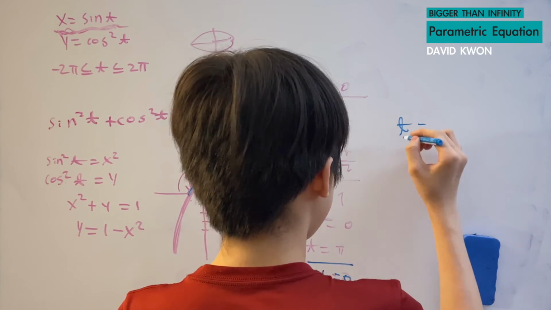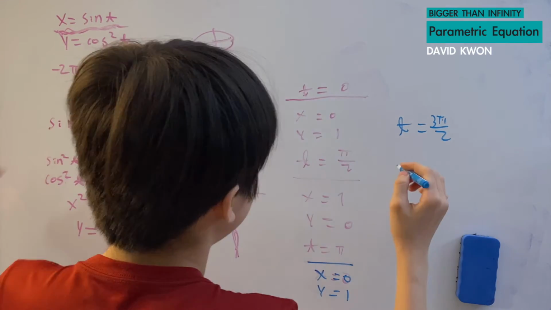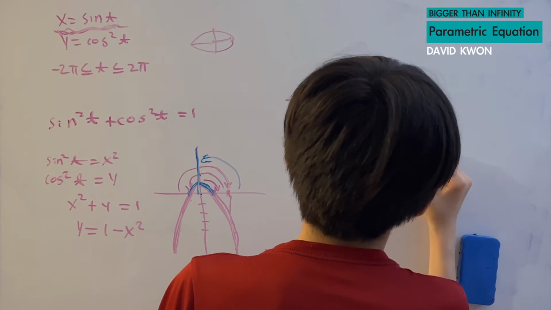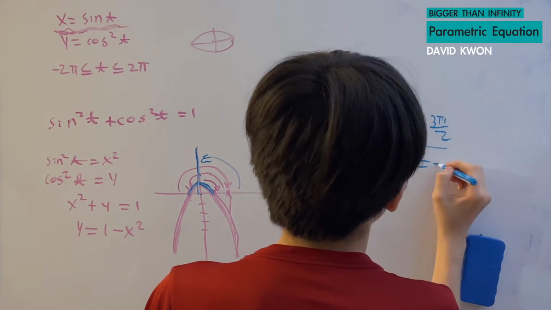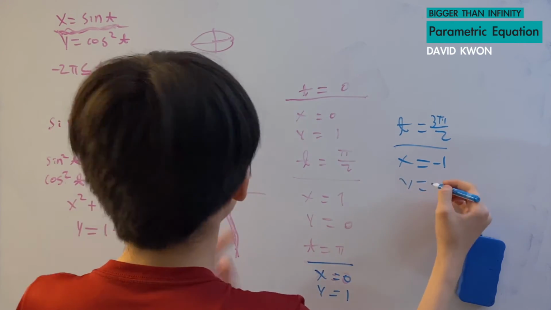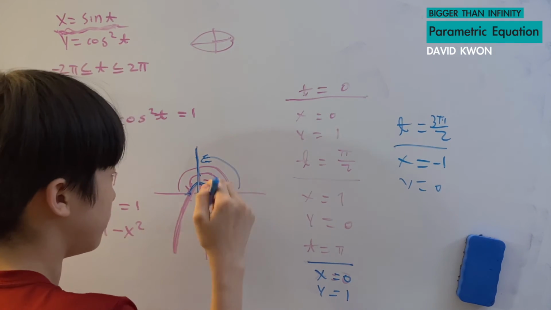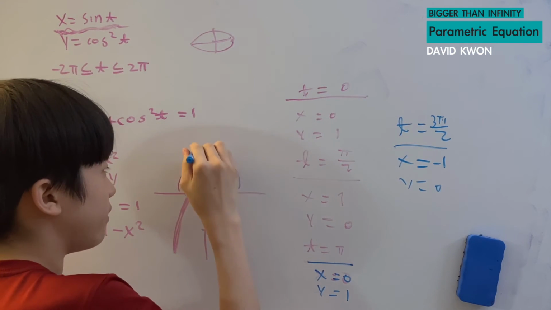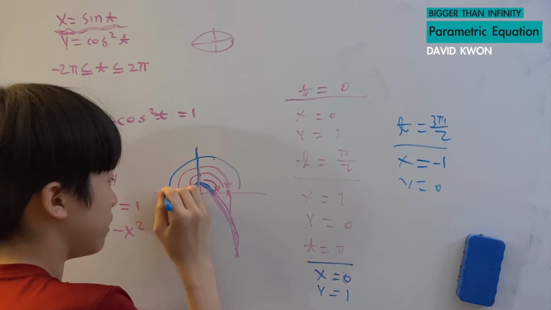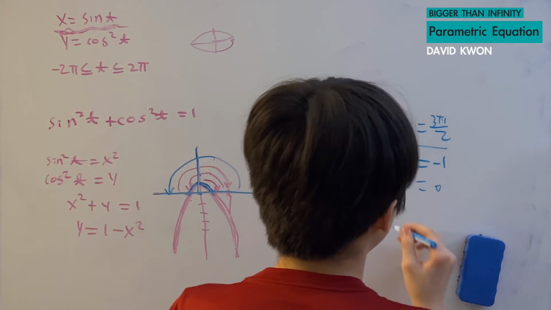And now when t is equal to 3 pi over 2, put it in there, we get x is equal to minus 1, and then y is equal to 0. So when x is minus 1, y is equal to 0 right here. So it didn't only stop at this line, it went all the way through this way. Now our final step.